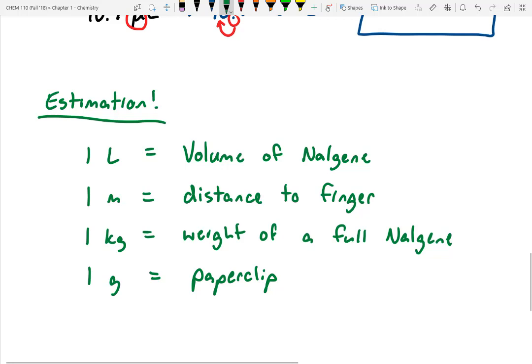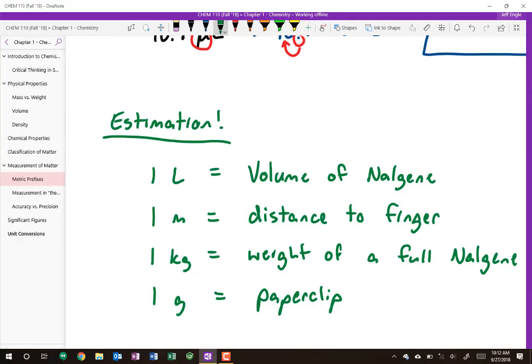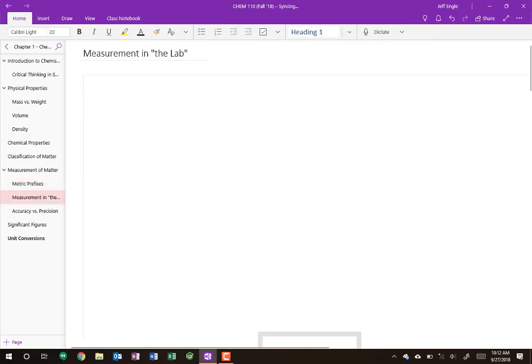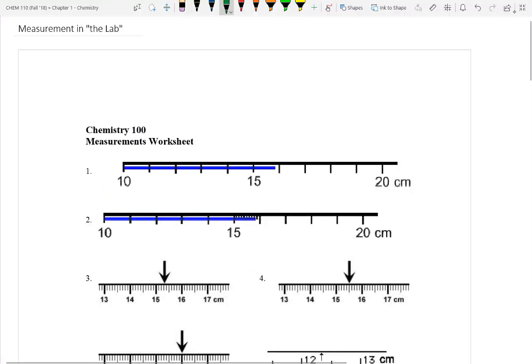Okay, so the last thing we're going to do is practice measuring things in the lab, which you kind of did yesterday. However, I'm going to give you some guidelines for this worksheet, and it kind of feeds into the problem of the day. Step 1 is determine the units for the smallest hash mark.